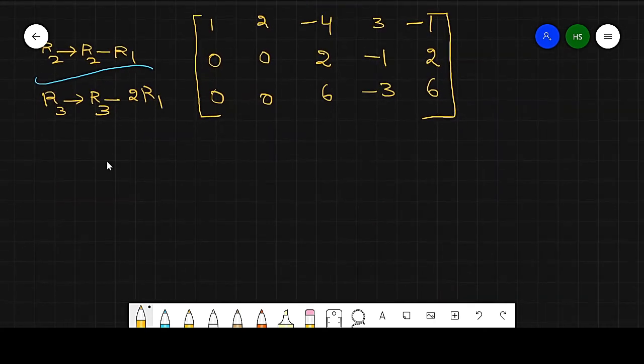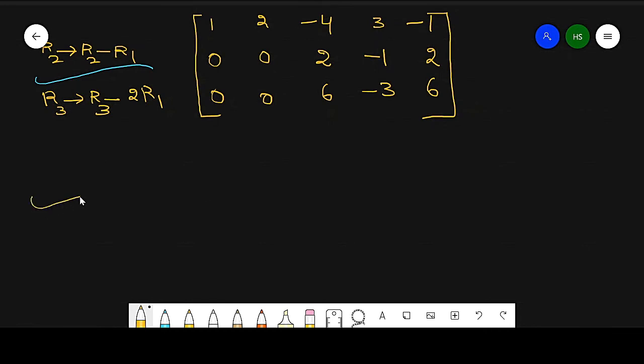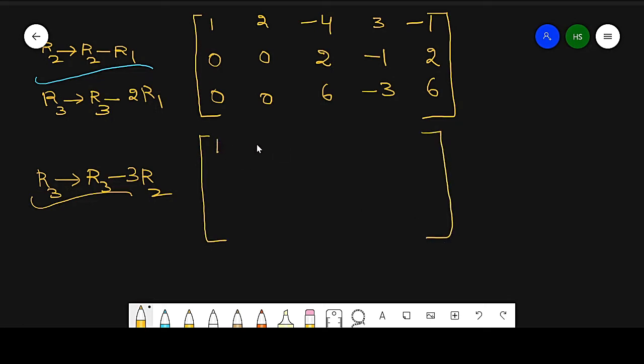Now the second step: this can be easily made 0 by R3 minus 3R2. So this will become 1, 2, minus 4, 3, minus 1; 0, 0, 2, minus 1, 2; and 0, 0, 0, 0, 0.